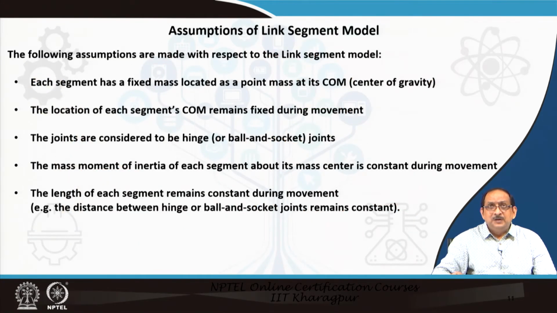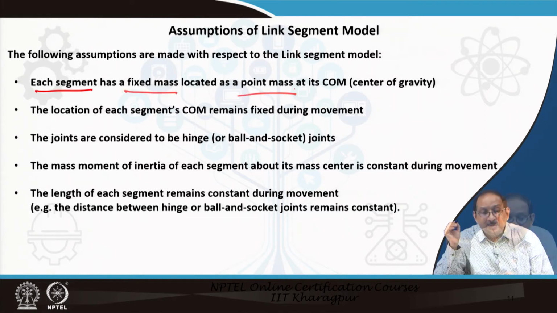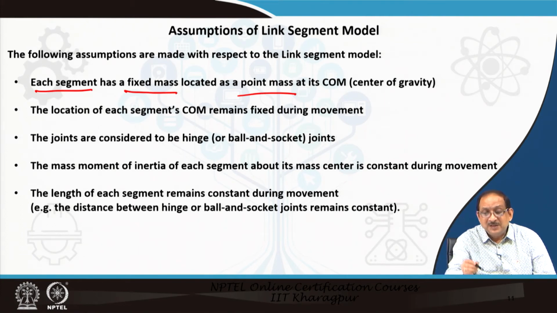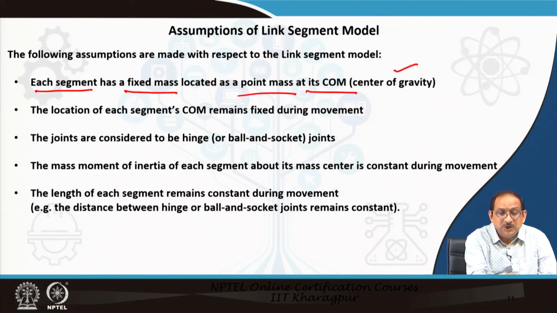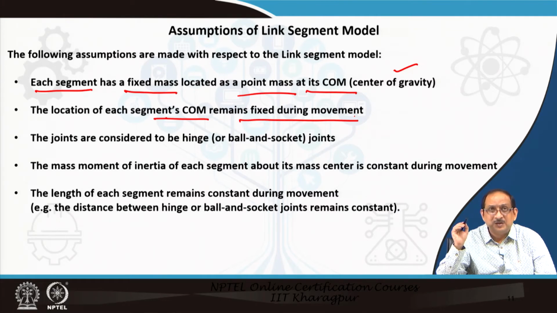Let us list down the assumptions of the link segment model. The following assumptions are made with respect to the link segment model. Each segment has a fixed mass located as a point mass at its center of mass or center of gravity. The location of each segment's center of mass remains fixed during movement, very important assumption.